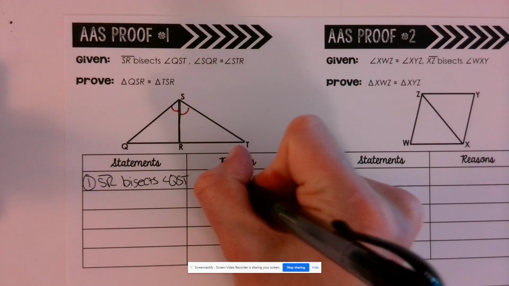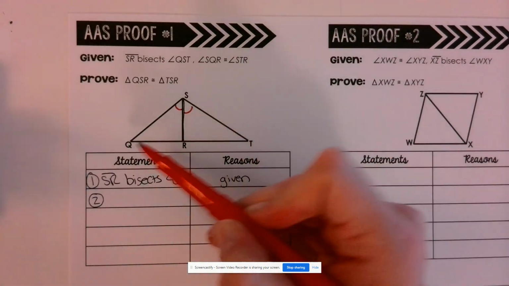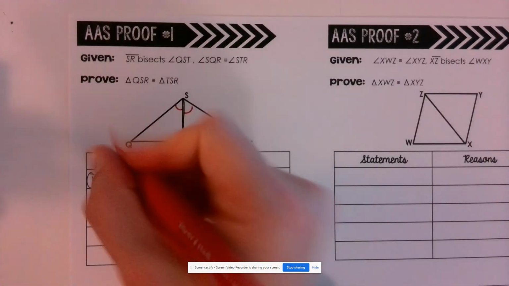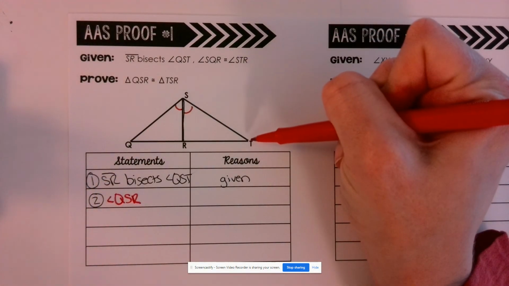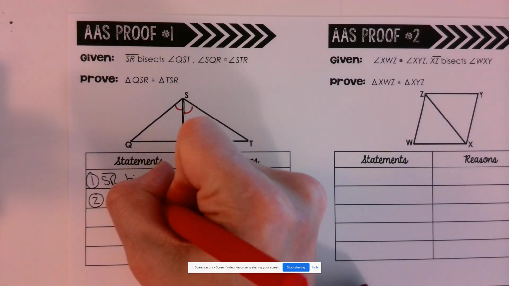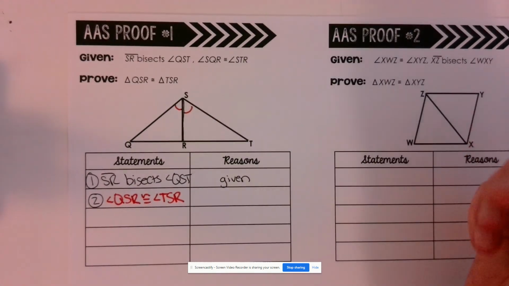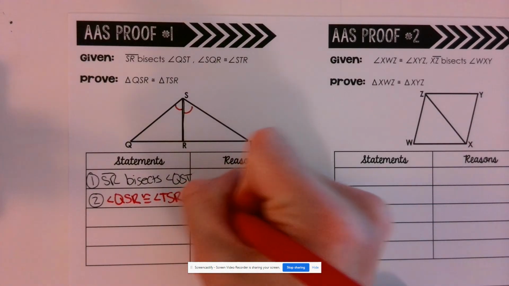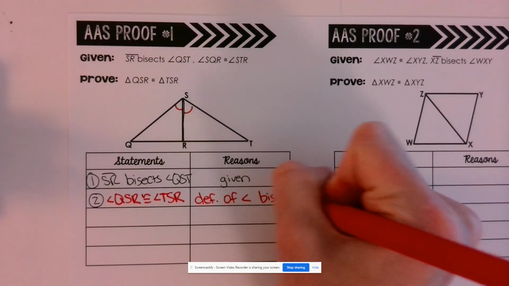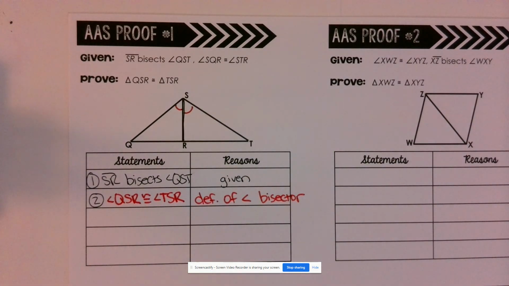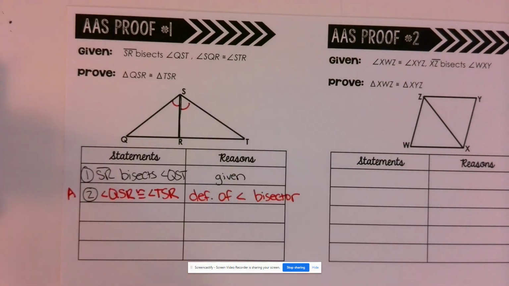So from the first given statement, we are able to say that angle QSR must be congruent to angle TSR by the definition of an angle bisector. That helped us get one pair of congruent angles.